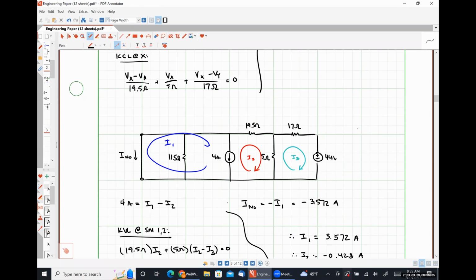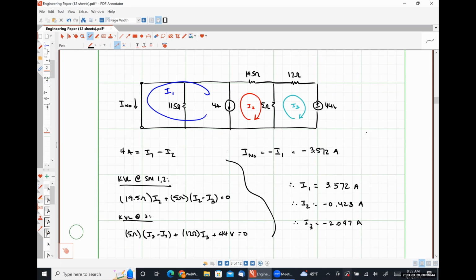Should make a lot of sense that I Norton needs to be negative here because V Thevenin was negative and the ratio of those things should be a positive resistance. So did anybody else get these results?